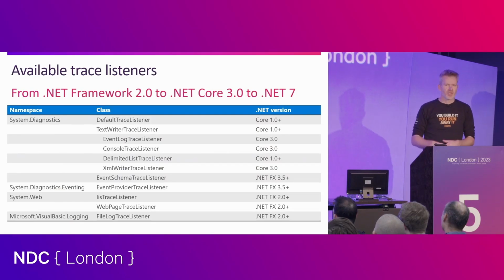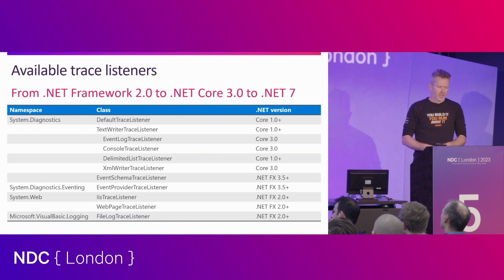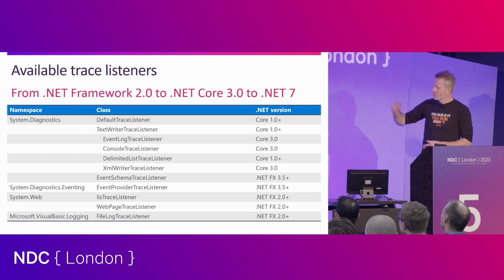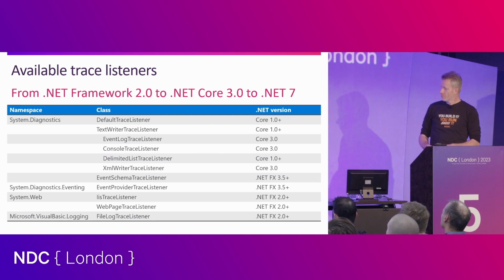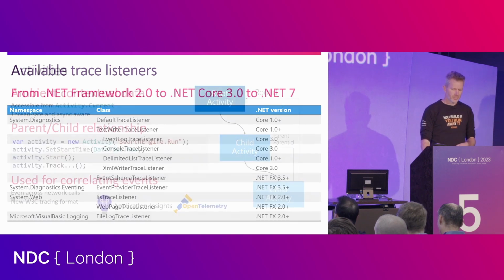There's a bunch of listeners out there, so where it's being sent, or who are the ones that can subscribe. You can see that they are available from .NET Framework 2.0 is what I found. And .NET Core has its own implementation of the trace listeners as well. Those are more and more cross-platform, so they will work on Linux and macOS as well.